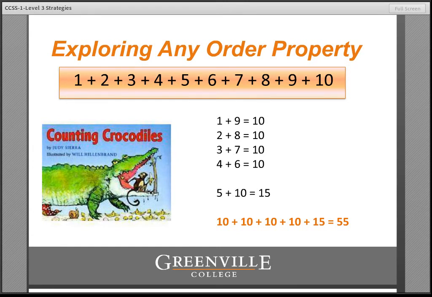However, really open this up and allow the children to solve it in ways that they see. Encourage them to find some strategic ways, but don't suggest necessarily pairs. And allowing for that diversity of approach gives you a more interesting strategy share that can particularly focus on some critical ideas. And that is that the numbers can be added in any order.